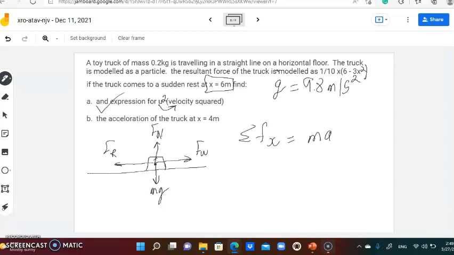Now the resultant force is being modeled as 1 over 10 x times 6 minus 3x squared, and that is equal to the mass, which in this case is 0.2, times acceleration, which I can express as v dv dx.